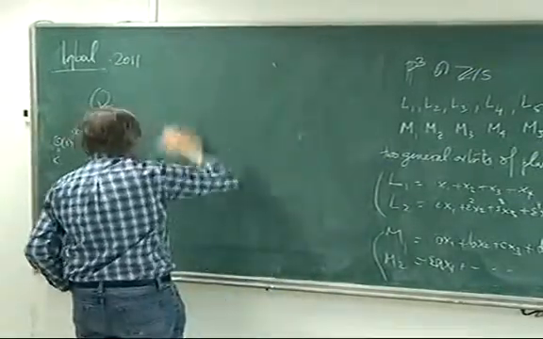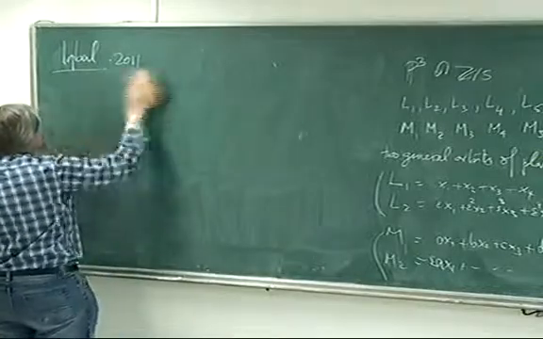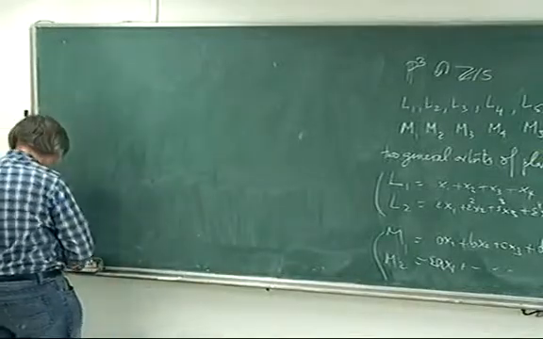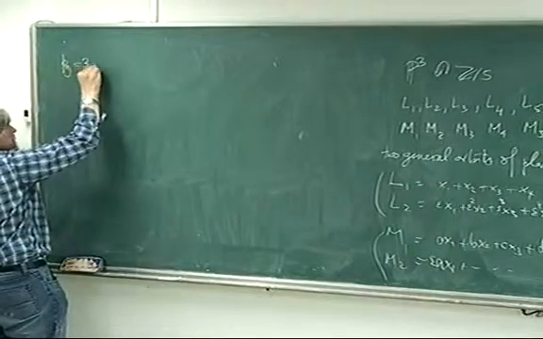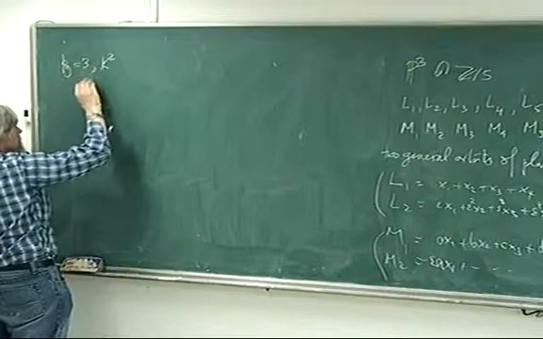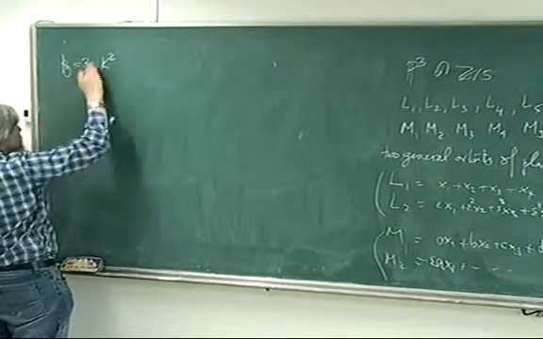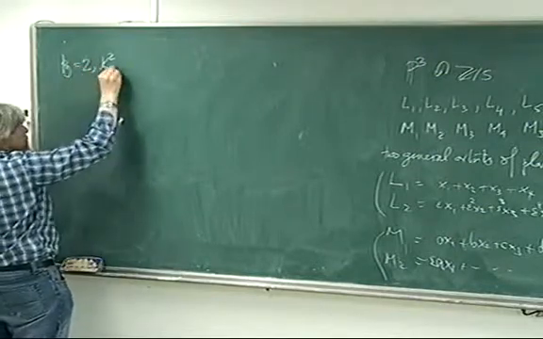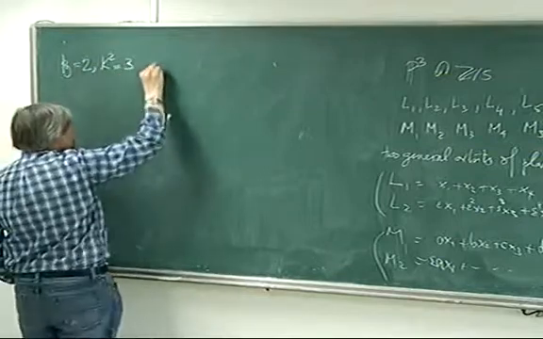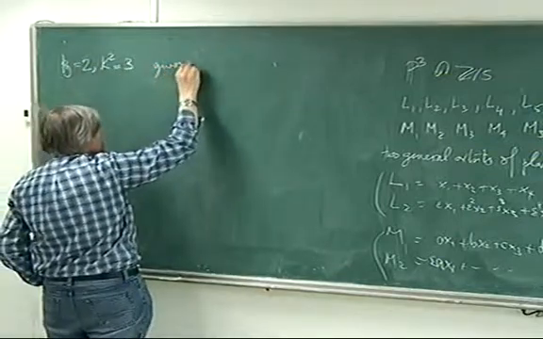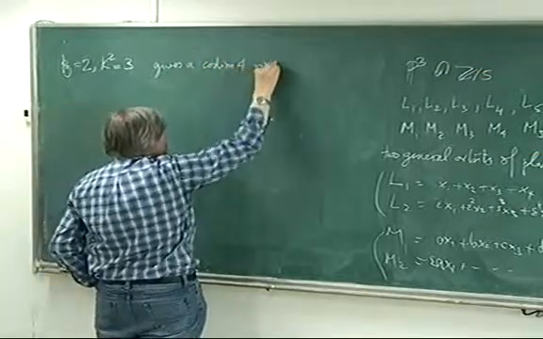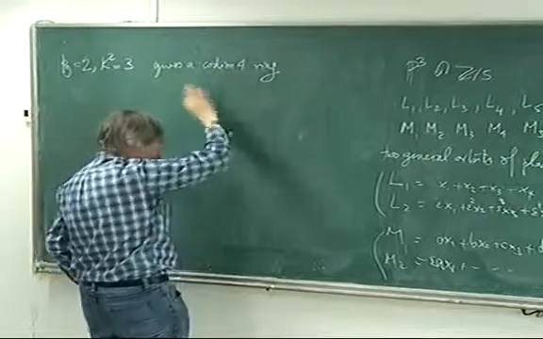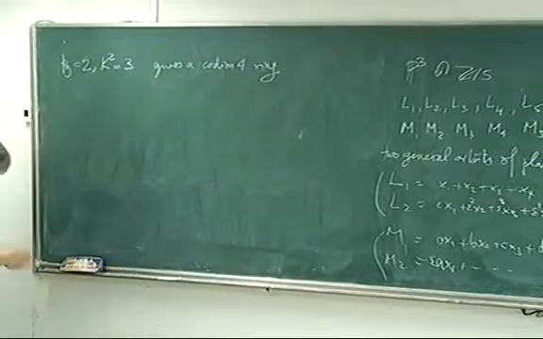But let me just. So if I do this, pg equals 3, K squared equals 2, sorry, I got it exactly the wrong way around. pg equals 2, K squared equals 3 gives a codimension 4 ring. Any candidate construction for this will give a codimension 4 ring.